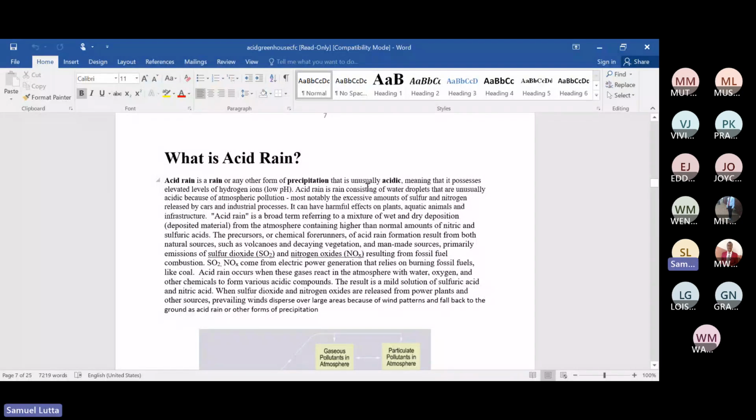So if we talk about acid rain, we are talking about rainwater that has mixed with acidic gases, like sulfur dioxide, nitrogen dioxide, and we know this water will contain hydrogen ions. When they break down, they contain hydrogen ions. So normally they'll have low pHs.